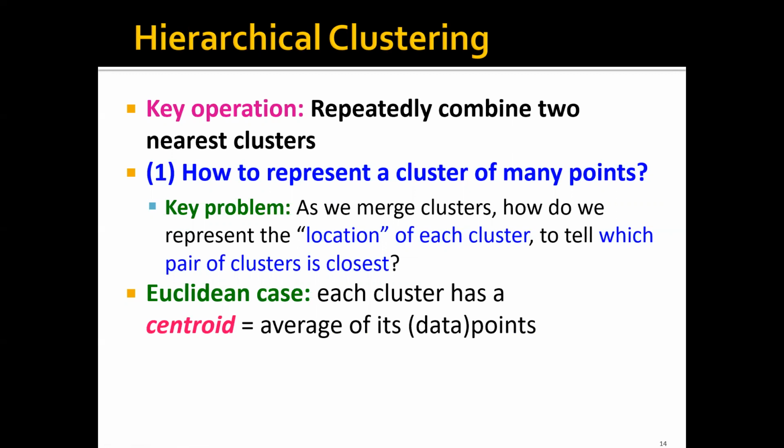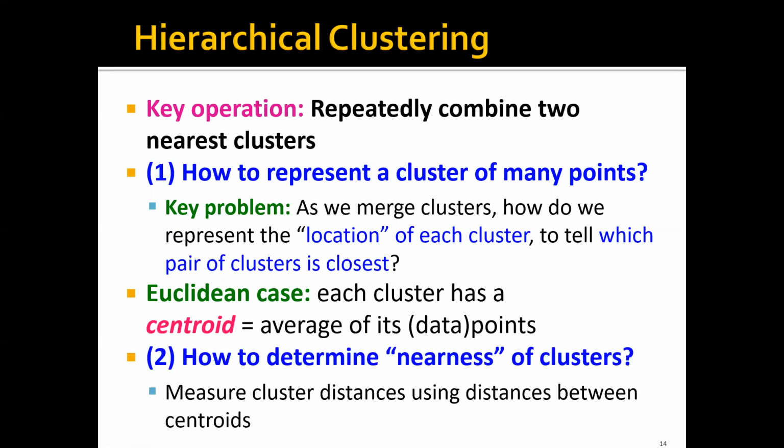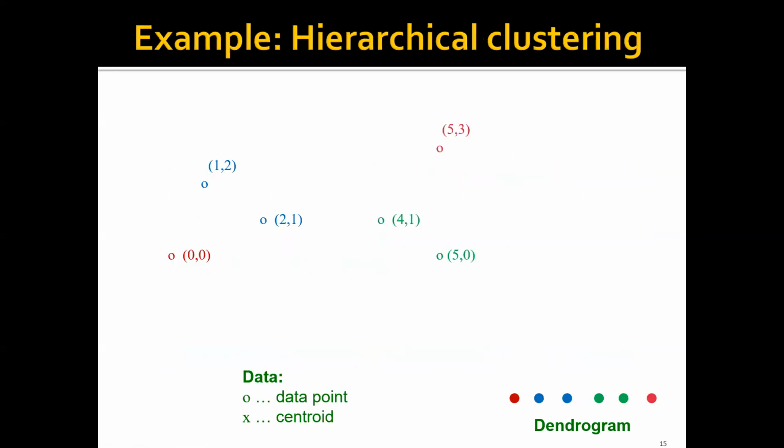And we define the centroid as the average of all of its data points. And for the second question, how to determine nearness of clusters, since we already decided to use the centroid to represent each cluster, we can just measure the cluster distances using the distances between centroids.